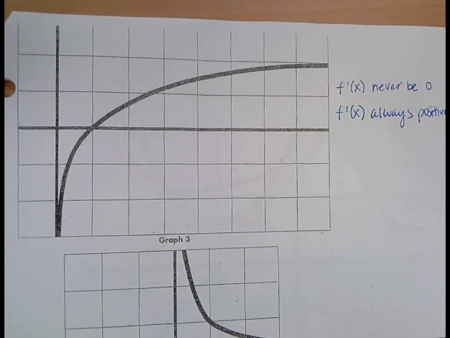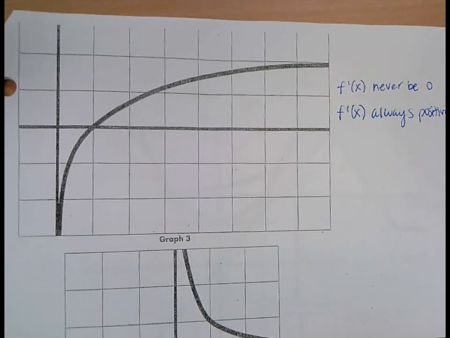So f prime of x will always be positive. The entire graph for f prime should be above the x-axis. Now the exact values of f prime is not our concern. Again, I'm looking to see do you have the shape, and then the placement on the graph is approximately correct.